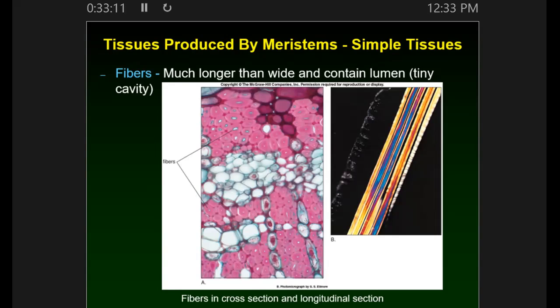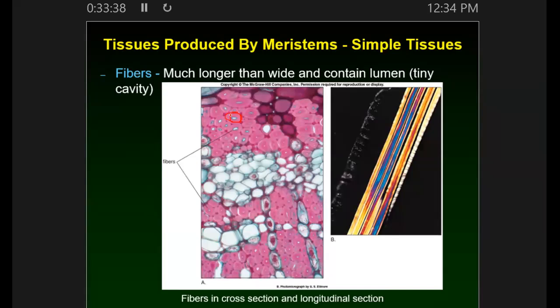And then in the picture on the left, they took a cluster of fibers and cut them in cross section. Now you're looking at the cut end. You can see all of that red is secondary cell wall, and the little clear dot is just the internal empty cell. So these fibers are super beefed up with that secondary cell wall, very, very thick.